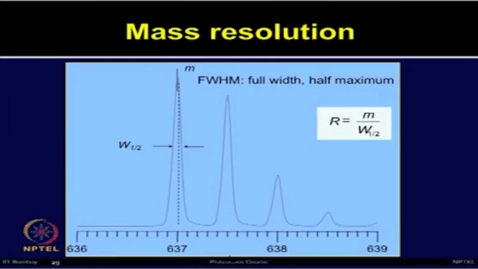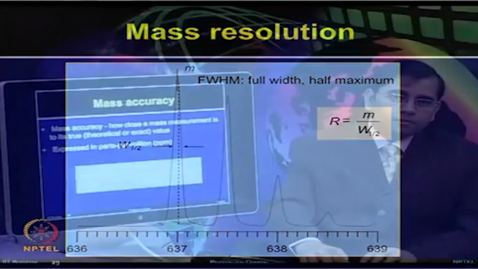This slide shows you the full width half maximum or FWHM. So, mathematically mass resolution is the inverse of resolving power, shown as R = m/W_half, where m is the average of mass and W_half is the difference in the accurate mass of the two neighboring ions.